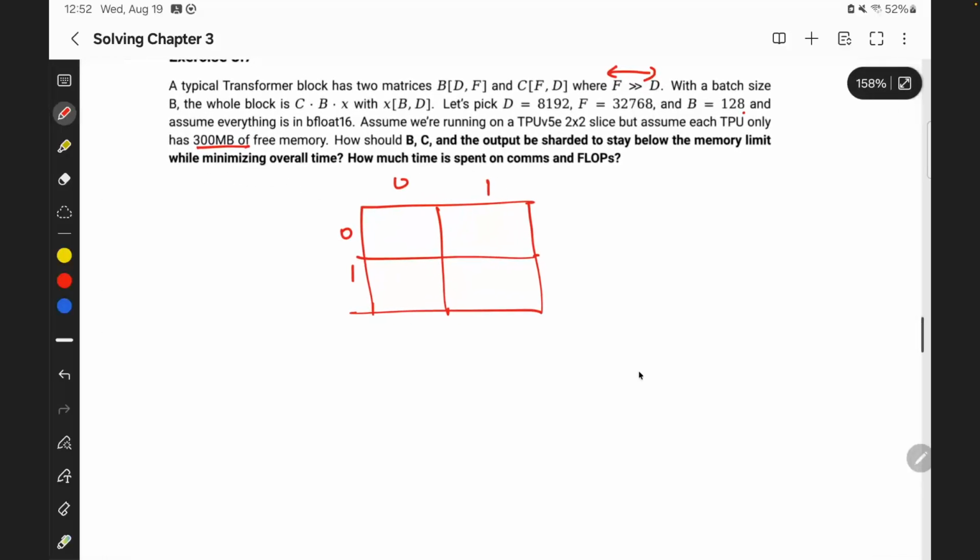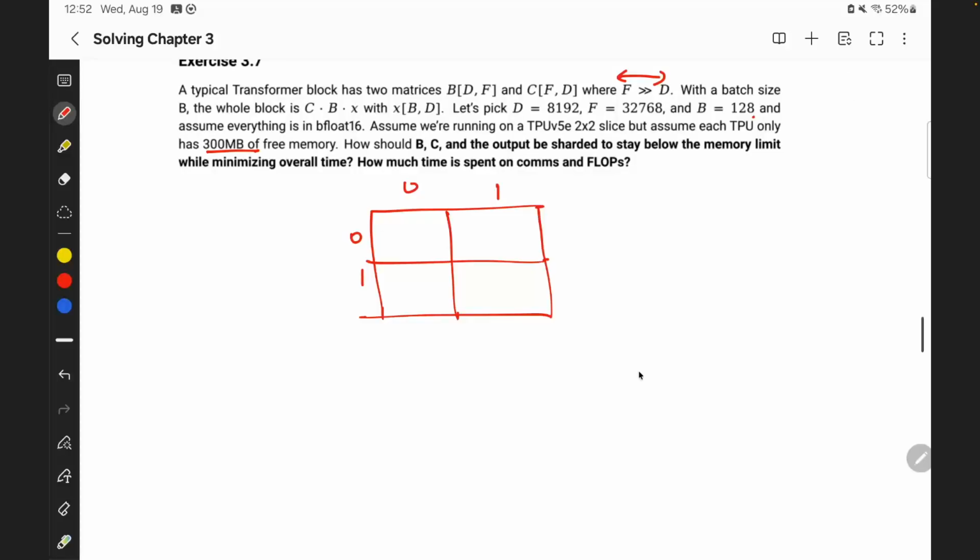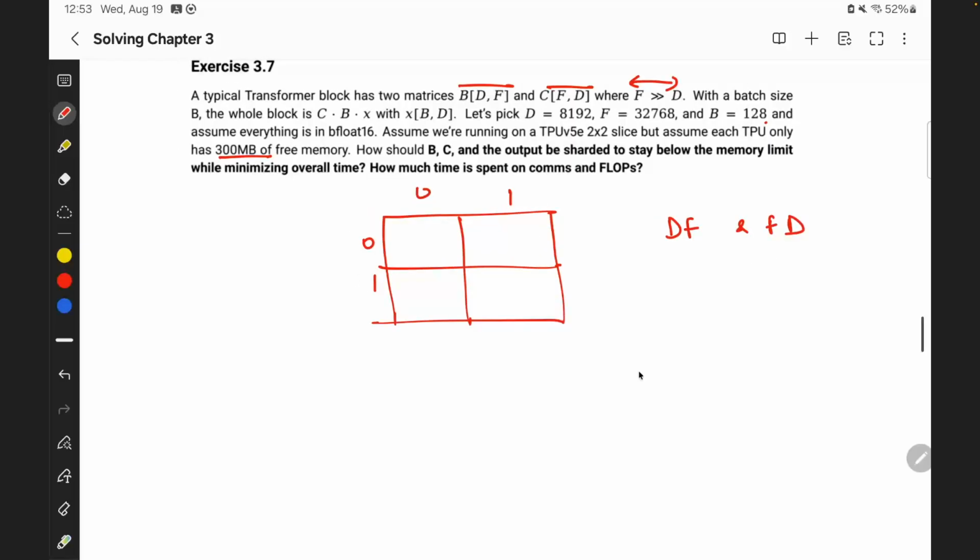So we have two matrices, D by F and F by D. The total memory is 2 times D times F, and this comes to around 536 megabytes.